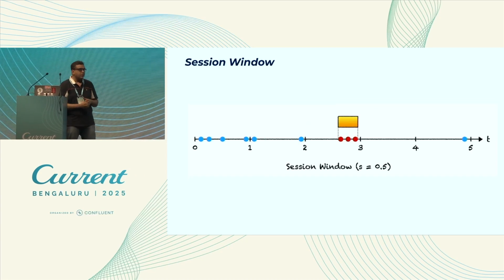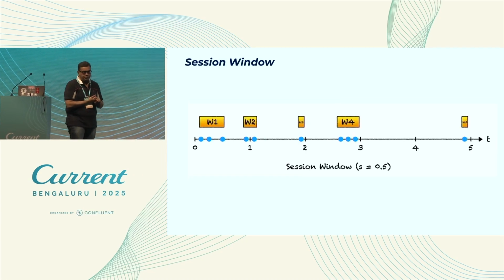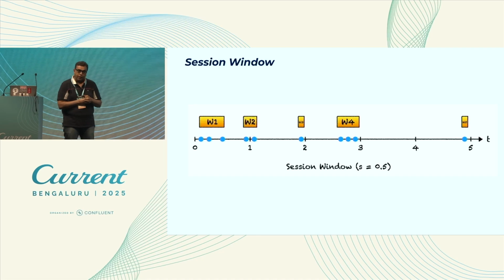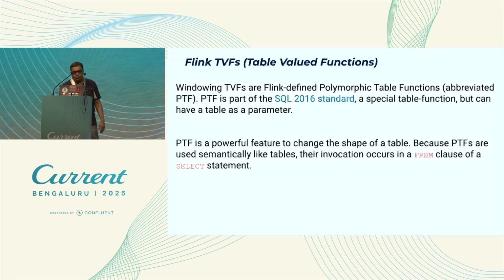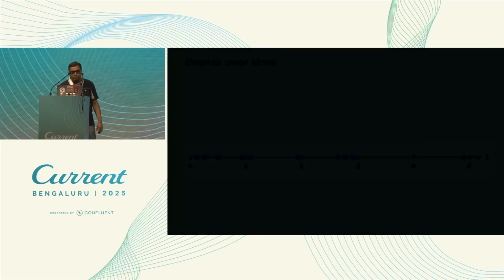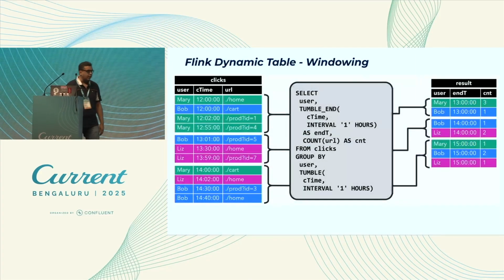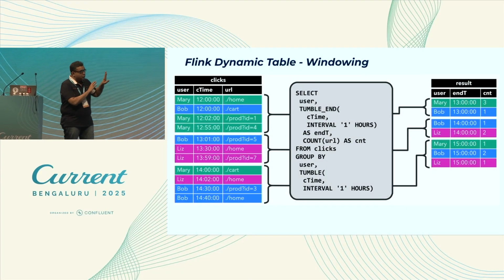Now, as you've understood, we've covered the group by, and now we've covered the window function. Now let's understand how it helps us. So let's get back to the query that we wrote. It's clickstream data.